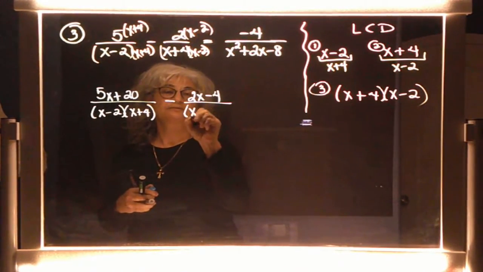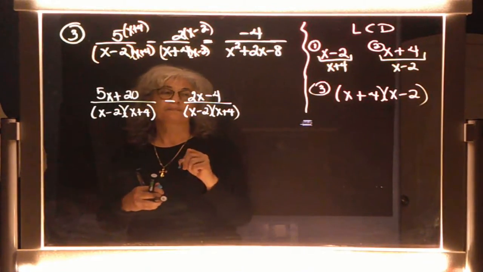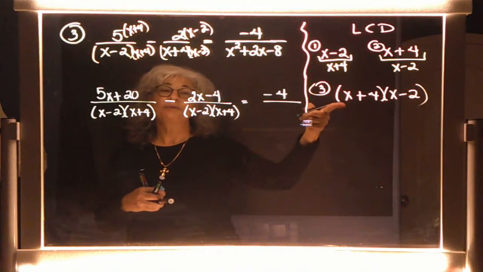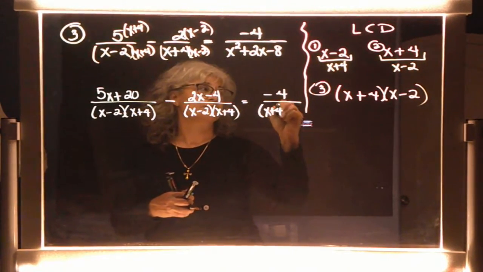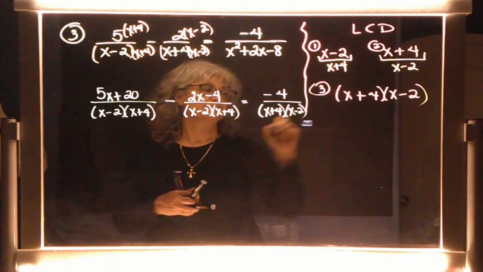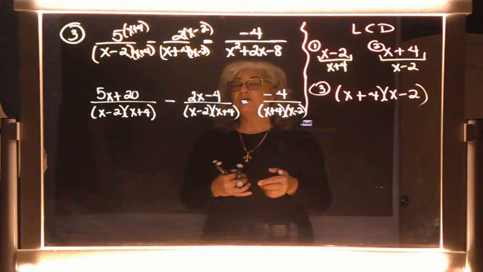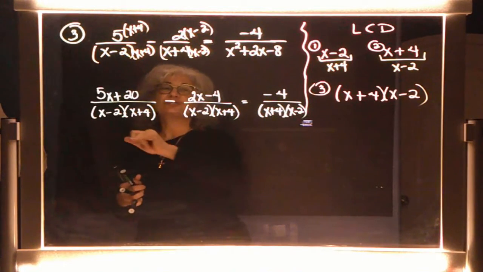Over, right? Equals negative 4 over. Now, I'm going to write fraction 3 in this factored form that we got earlier. Good? Making sense?